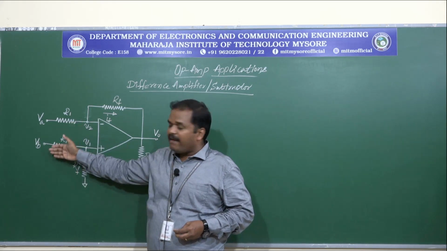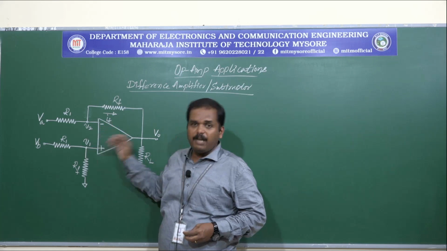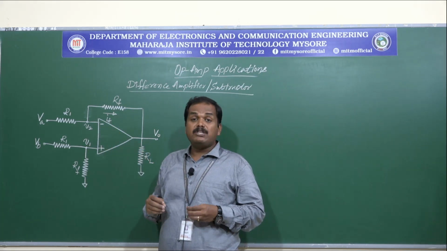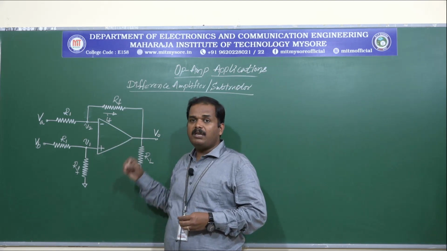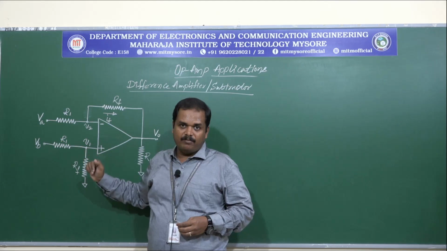Now because we have two input sources connected to two different input terminals, we will be using superposition theorem, which allows us to determine the outputs considering one input at a time.